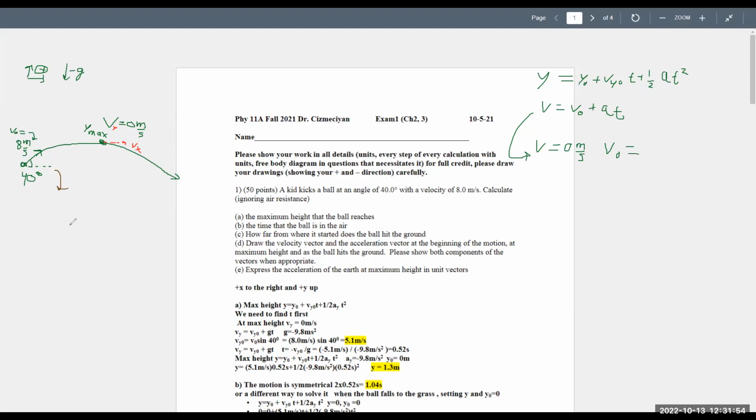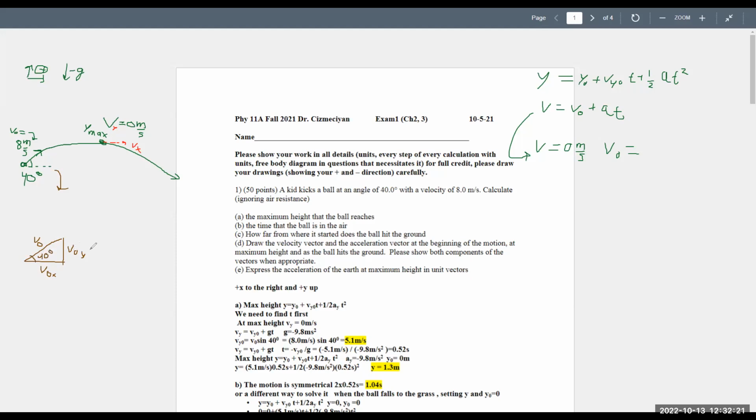So we're going to need to do a little trigonometry here. So there's v naught, there's v naught x, and then this is our v naught y, where this is your angle, 40 degrees.